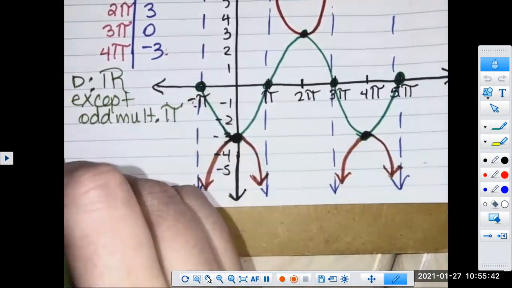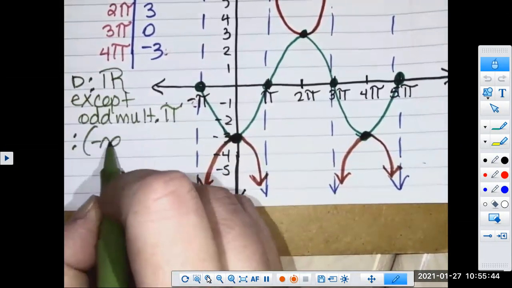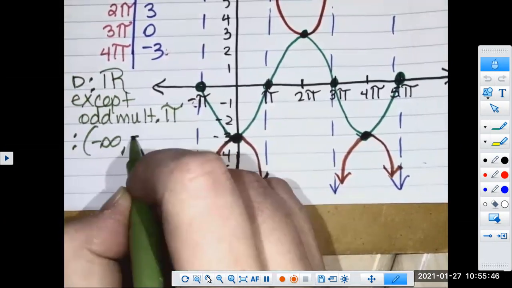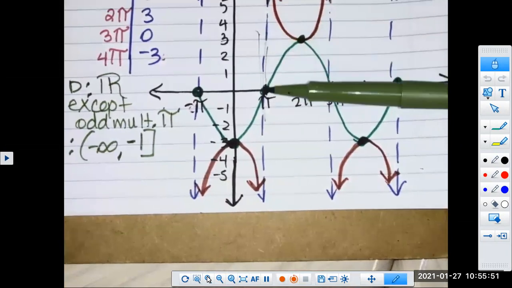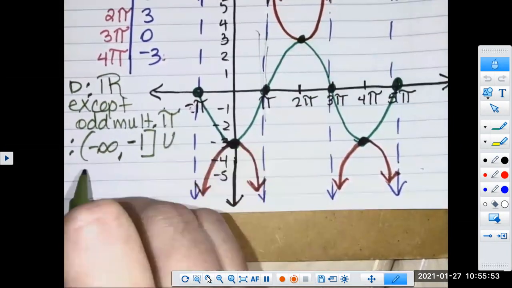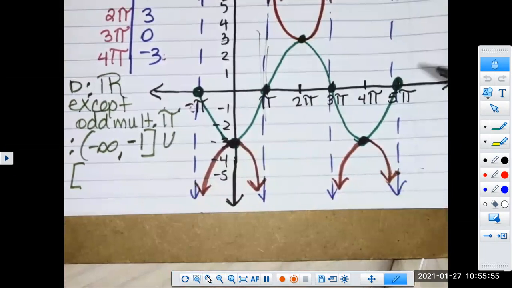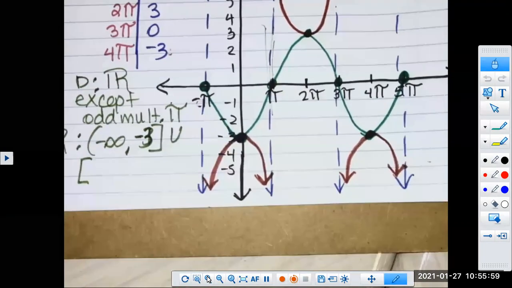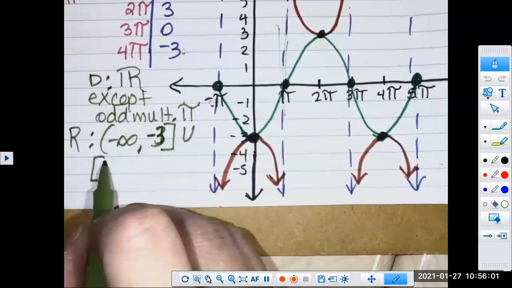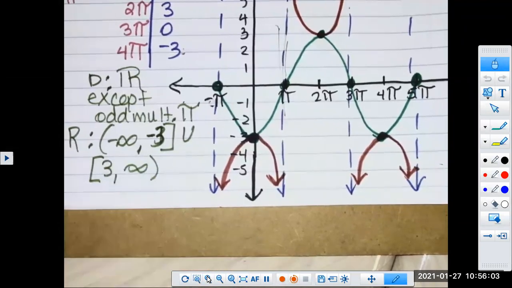To -3. So my range is from negative infinity to -3 bracket, but of course, notice there is a gap, union, then it picks back up at +3 and goes up forever.